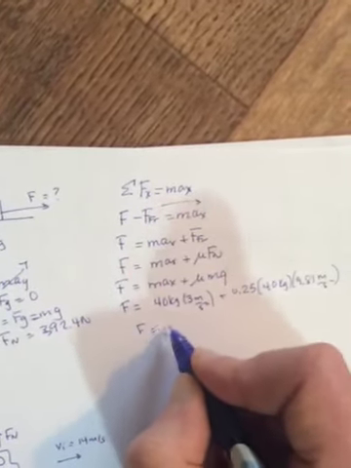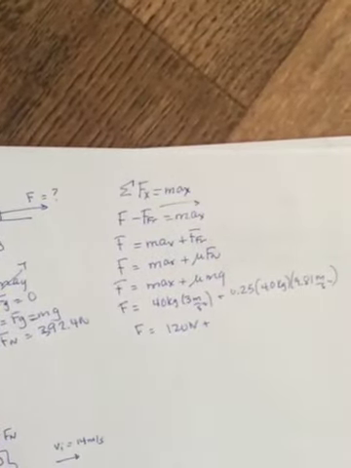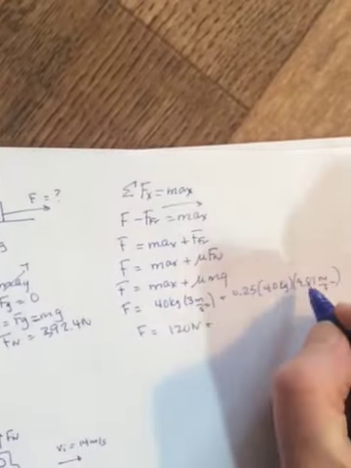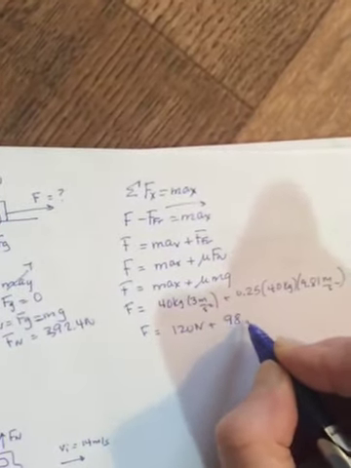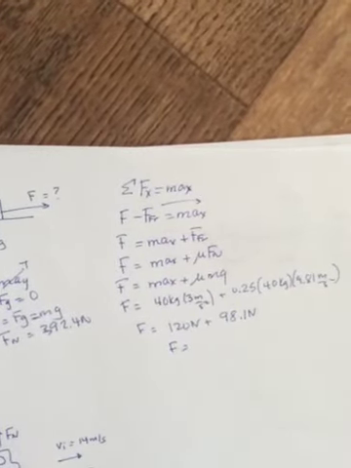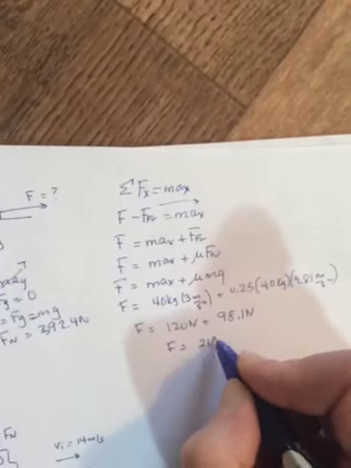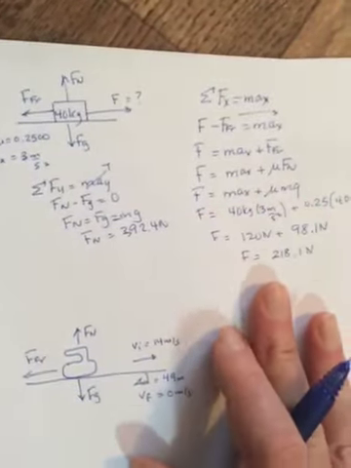So 40 times 3 is 120 newtons, and 0.25 times your friction, if you had found it separately, was 98.1 newtons. And so when you add them together, you get 218.1 newtons. Okay? Number 1.